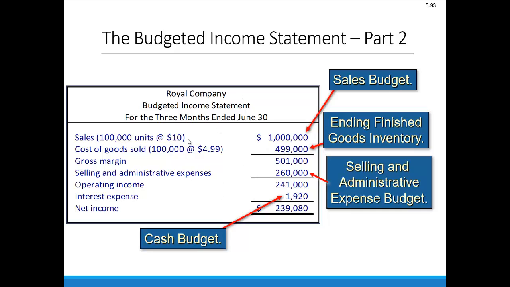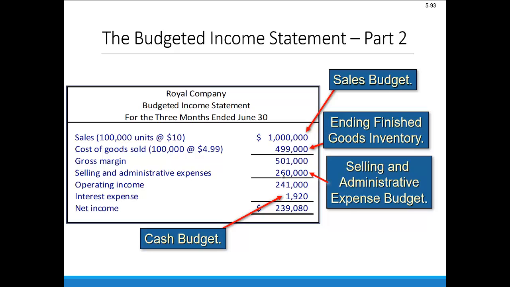We're starting with sales, and that's right from the sales budget, minus cost of goods sold, and that's from that ending finished goods inventory budget. So $1 million in sales minus cost of goods sold of $499,000 gives us gross margin budgeted of $501,000. Then we'll deduct all those selling and admin expenses.